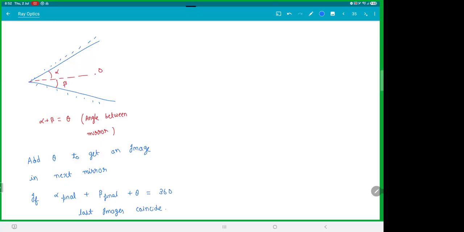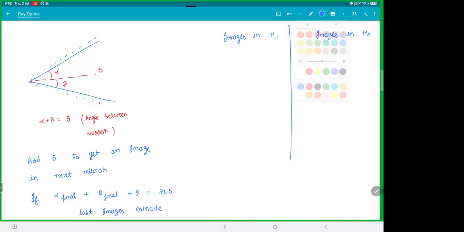Okay, so how do we do this? This is images in M1. This is images in M2. Look at the idea here.